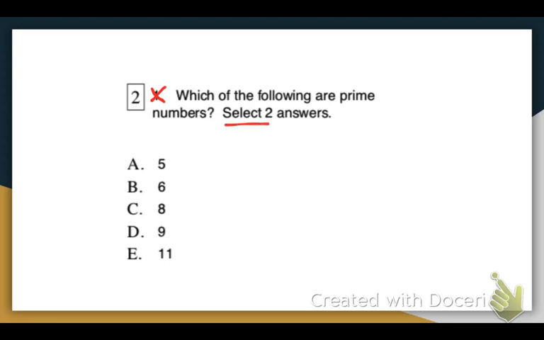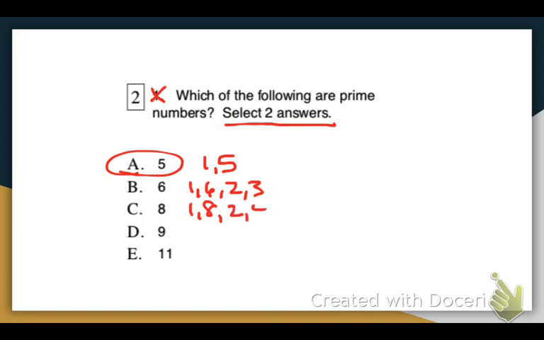And here it says select 2 answers. So again, A, because 1 times 5. Not B, because you can also do 2 times 3. And not C, 1 times 8, 2 times 4. And not D, because you can do 1 times 9 and 3 times 3. And E, because the only way to get that is 1 and 11. Okay, don't forget to circle that on your data tracking sheet.